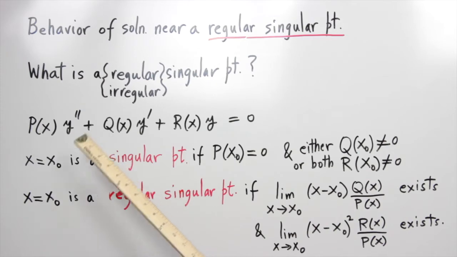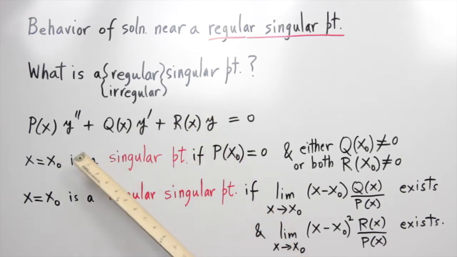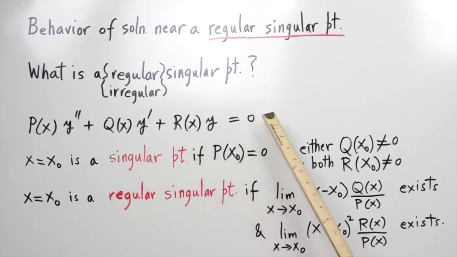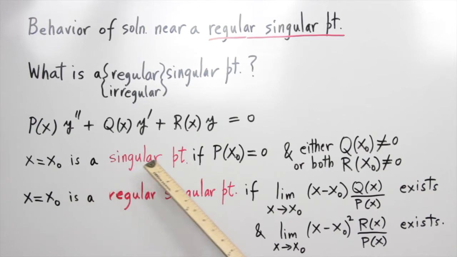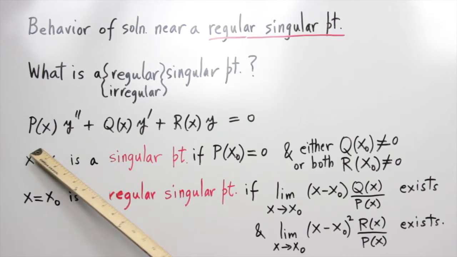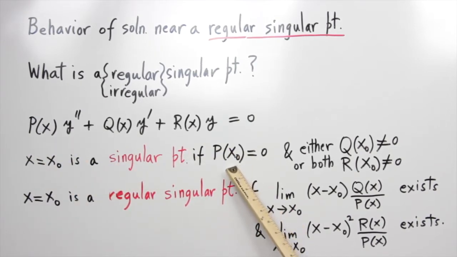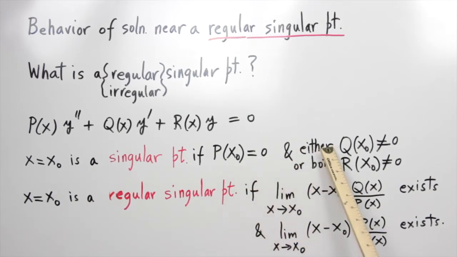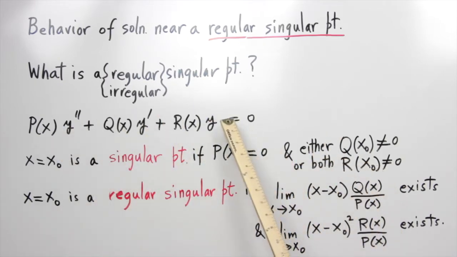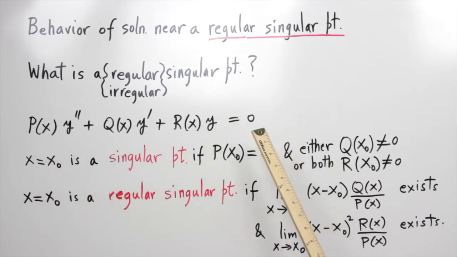So let's look at the equation that we had before: capital P times y double prime, plus capital Q y prime, plus capital R times y equal to 0. x equal to x0 is a singular point, as we have defined before, if this coefficient here, P of x, vanishes at x equals x naught. And it is singular only when this vanishes, but either Q or R or both don't vanish at the same point, because if they all went to 0 at the same point, we can cancel that behavior out by dividing still.